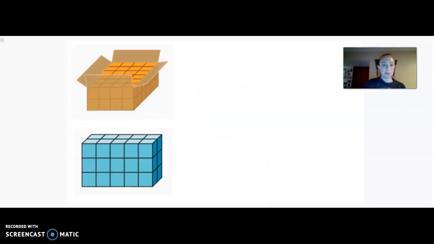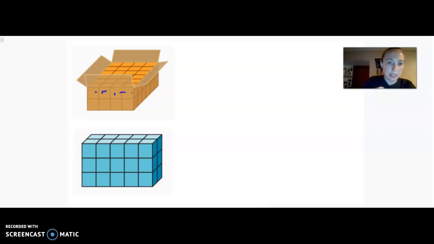A few more. All right, so this one's a little harder to see, but go ahead and give those 2 a try. All right. So this layer is a little harder to see. We got 1, 2, 3, 4 by 1, 2, 3, 4, 5, 6. So I can multiply to get that top layer. I don't necessarily have to count each one.